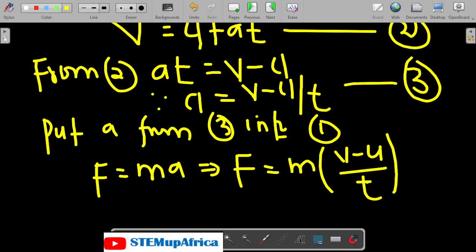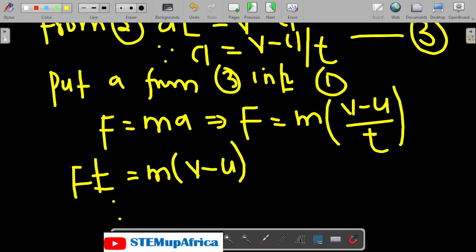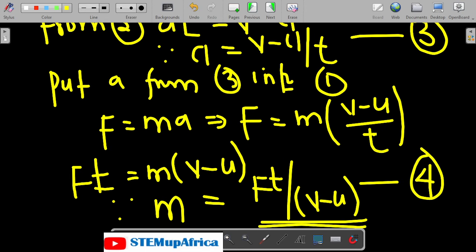So what are we going to do from here? I will cross multiply. I'm going to have Ft equals m into (v minus u). Therefore, my m now is simply Ft over (v minus u). So this is the expression. Let's call this equation 4. Equation 4 now is the expression required according to the question. So I hope it's clear.